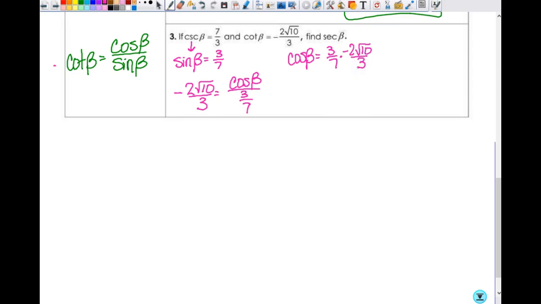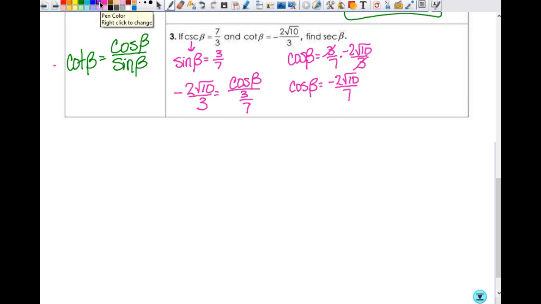I can't cancel anything out, right? So I get that the cosine of beta is equal to negative, wait, oh, you can cancel out the 3's. I'm sorry, thank you. You can cancel out the 3's. Thank you. Obvious that I don't know what I was doing. But I end up with negative 2 square root of 10 over 7. Am I done? No, because nobody asked me for cosine, right? They asked me for secant.